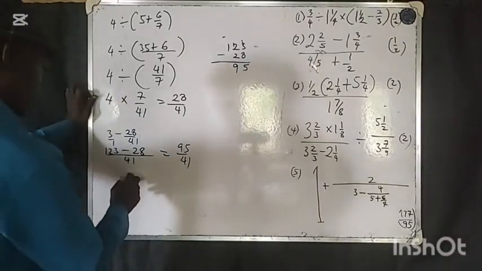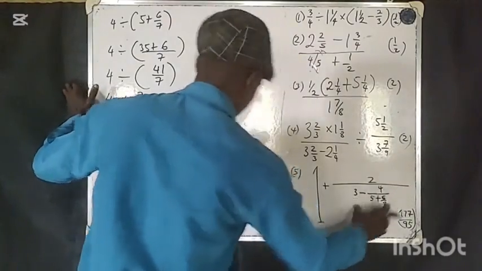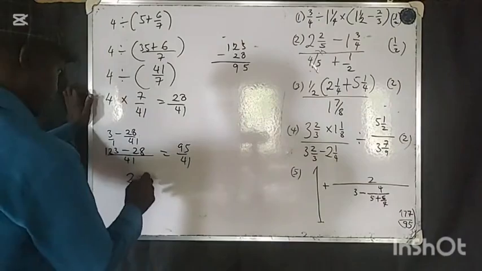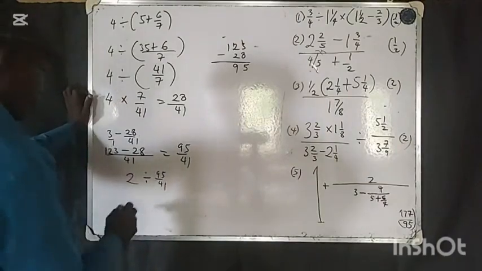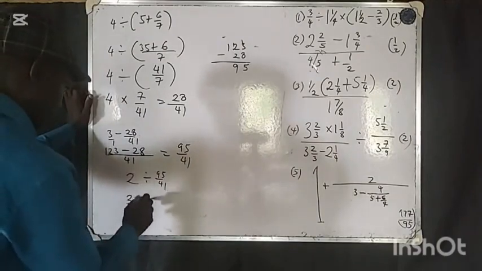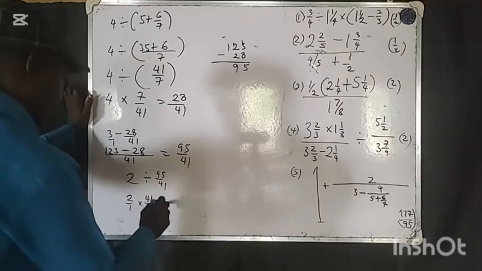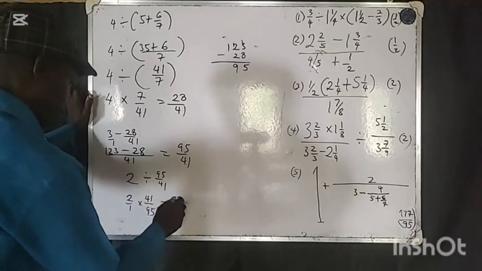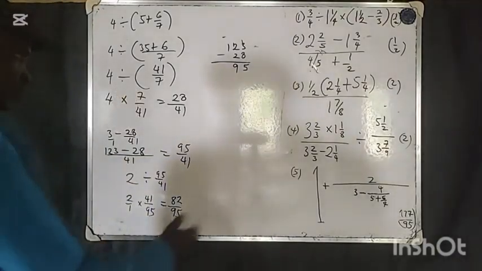So we are dividing 2 by everything here. So we have to divide by 95 over 41. So we now have 2 over 1. This one changes to times 41 over 95. Then this one will give us 82 over 95. At this point, we are going to add 1 to it.